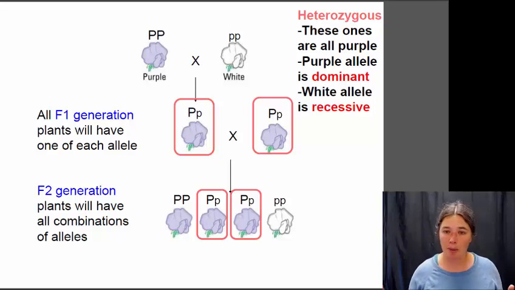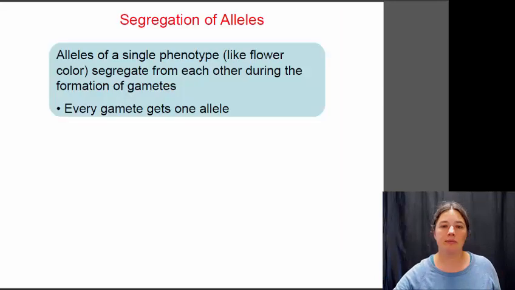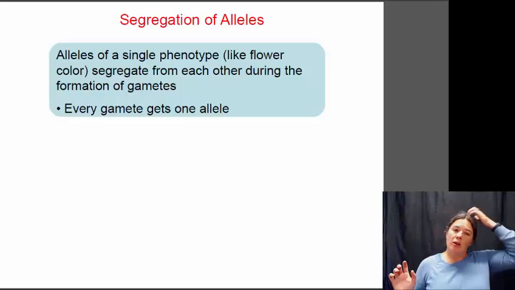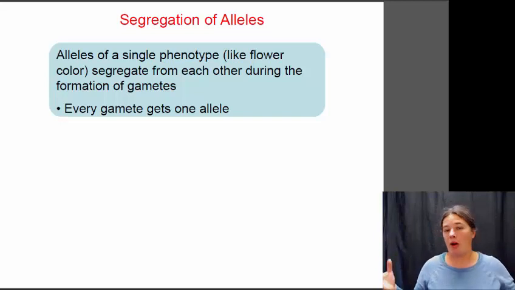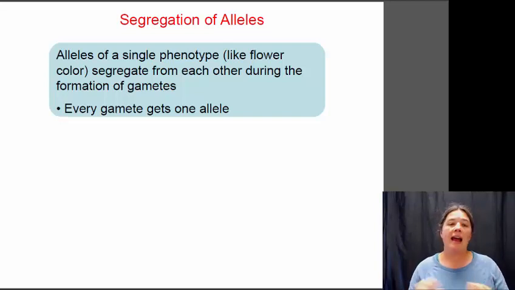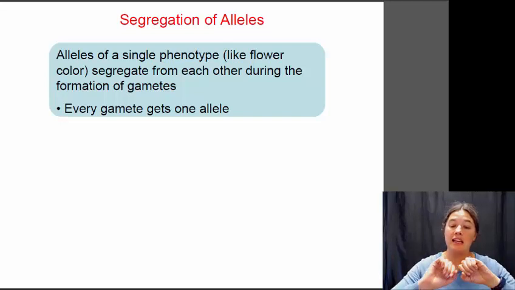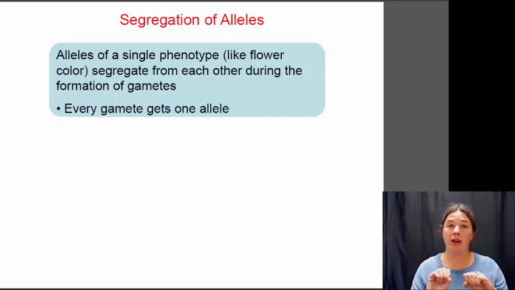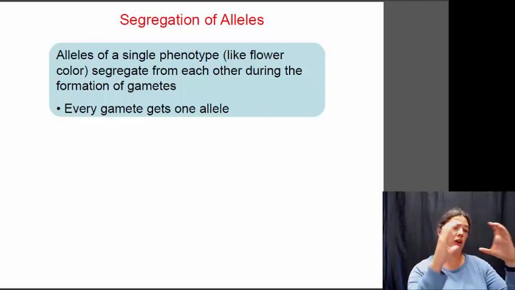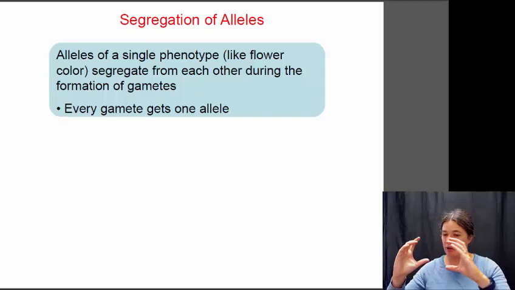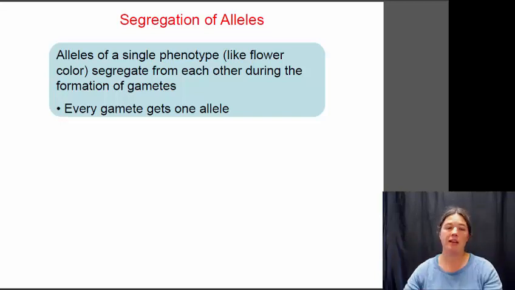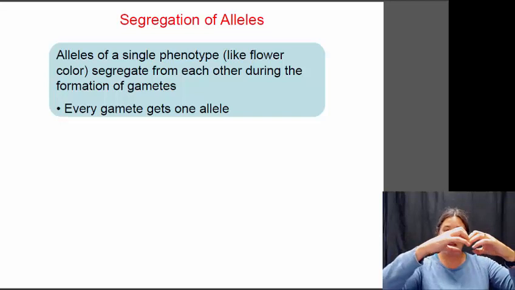When a parent produces offspring, the two alleles that the parent has segregate, the alleles divide, and each gamete gets one allele. This is called the segregation of alleles. So whenever you have a gene with two alleles and you're trying to figure out the gametes that individual is going to make, you take those two alleles and you can make either type of gamete.